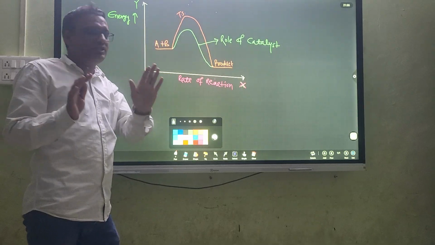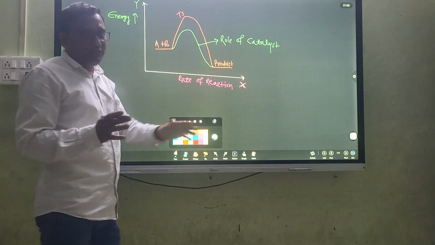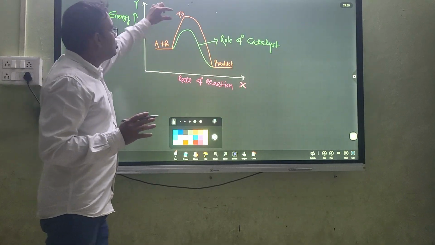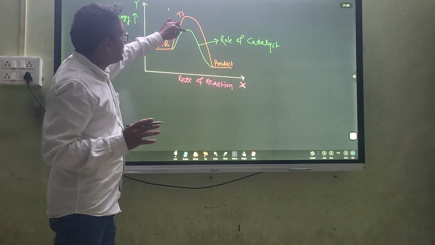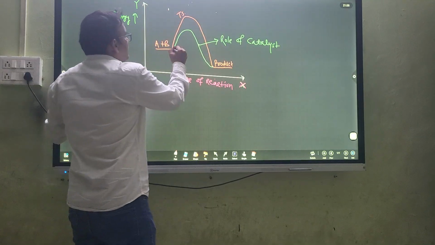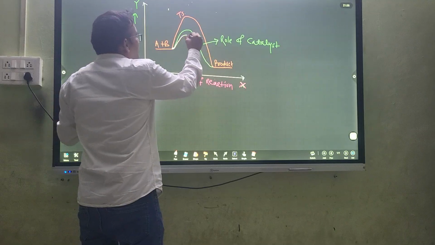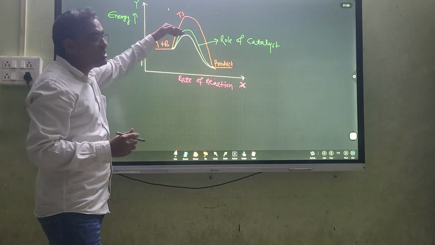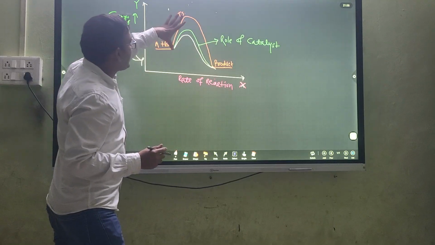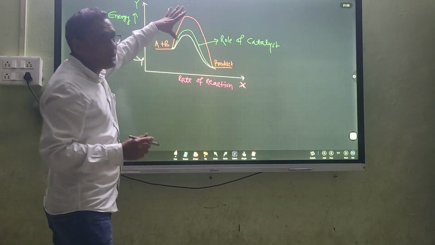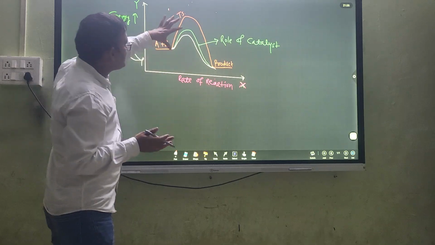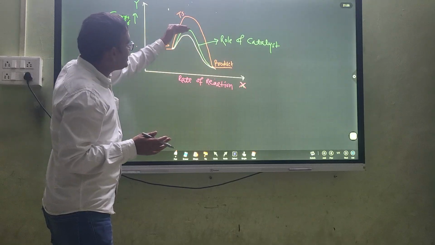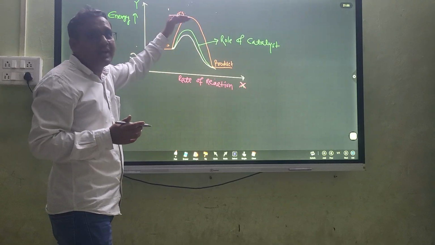If you use a catalyst, the role of the catalyst is to decrease this transition energy level to this point, or it may be decreased in this way also. That is, the reaction time decreases. Going from A through this transition state requires much more time than through this one or this one. That is the role of the catalyst: to decrease the transition state energy levels.